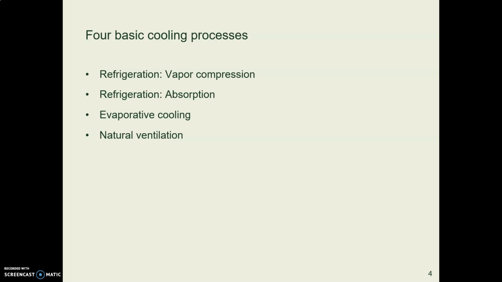When we're doing cooling of buildings, there are 4 basic processes we can use. Refrigeration in a classic air conditioning system uses refrigerant, and we call it vapor compression. It's got an evaporator and a condenser, basic refrigerator. There's a refrigeration system that actually uses heat to do the cooling. That's called an absorption system.